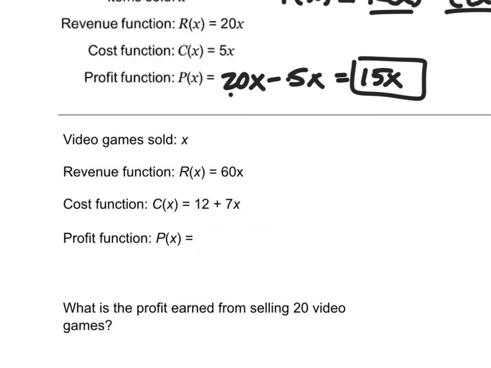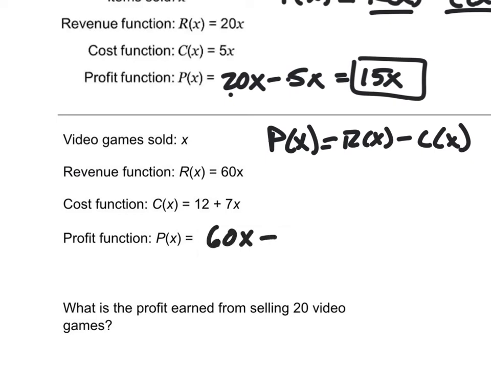On this next question, it's asking us about video games sold, and we have a revenue and a cost function involved, and we want to find our profit. So remember that profit, P of x, is equal to R of x minus C of x, revenue minus cost. To get our profit function, we're going to do 60x minus the quantity.